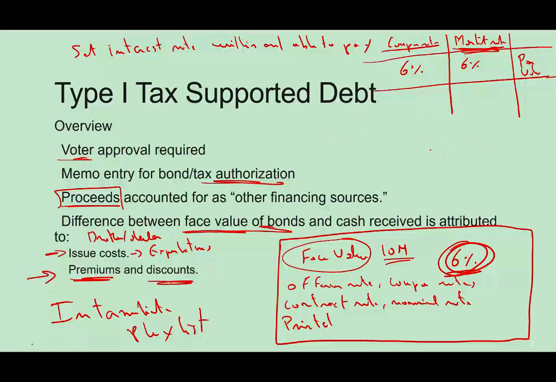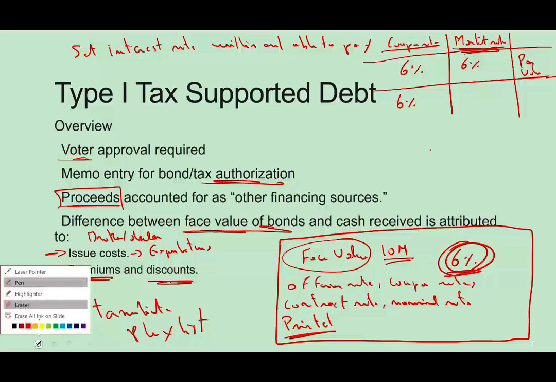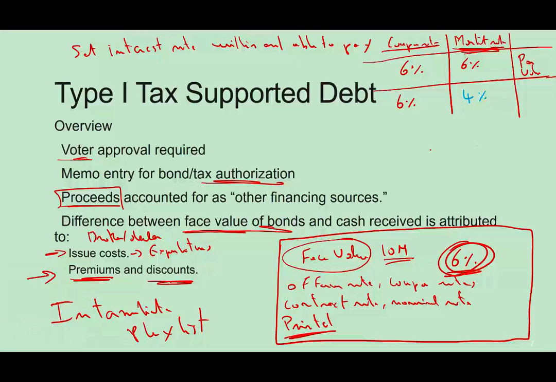Let's keep going with this example. Let's assume we keep the coupon rate the same. Remember, it's printed, it's a fixed rate, and the market is paying 4%. This government is paying 6%, and everybody else in the market for similar bonds is paying 4%. What's going to happen?